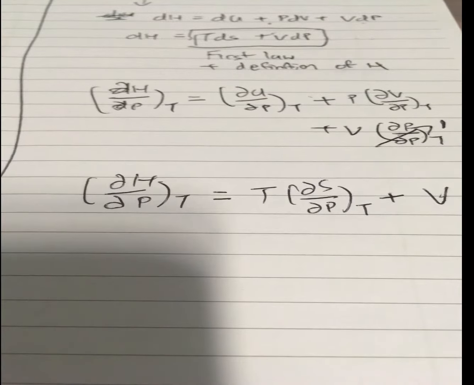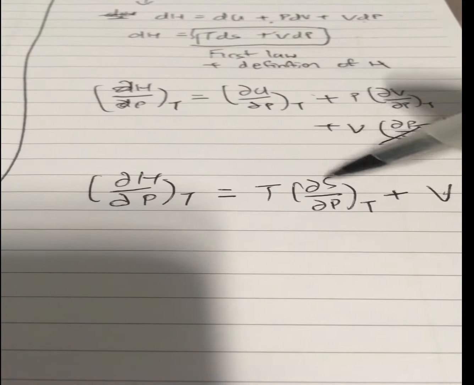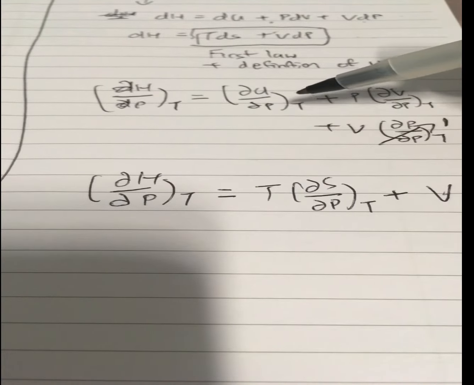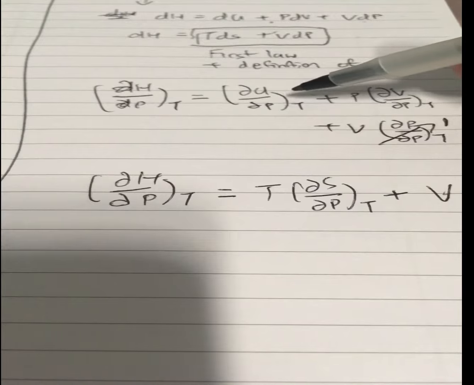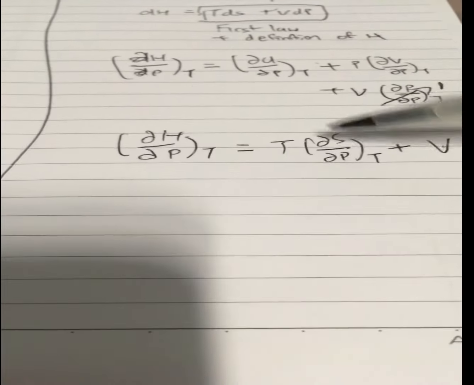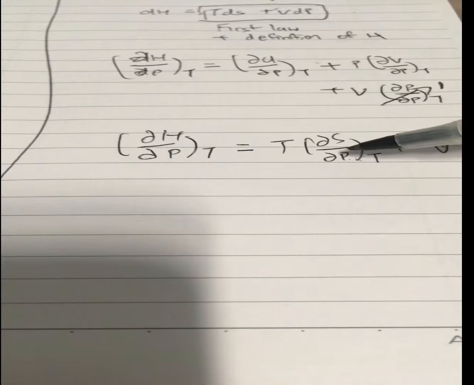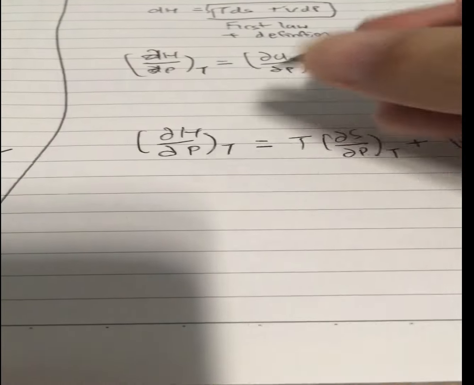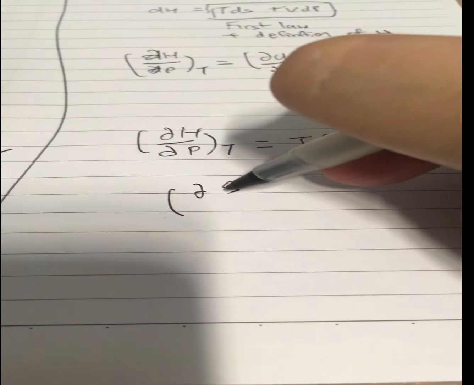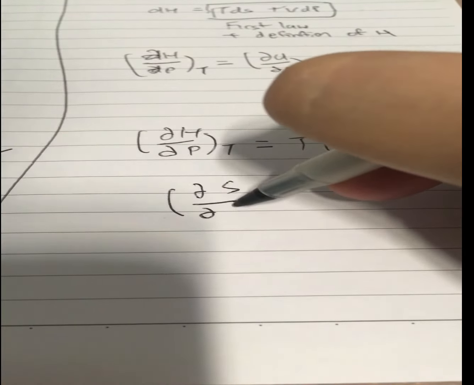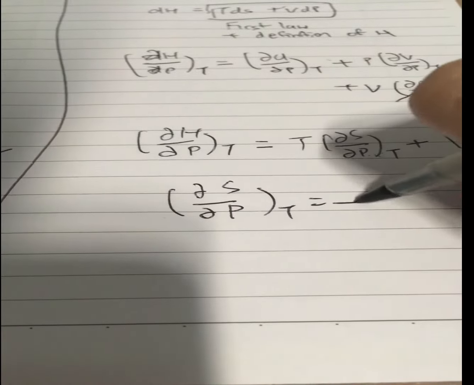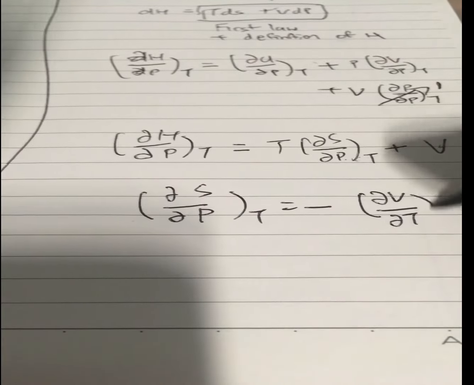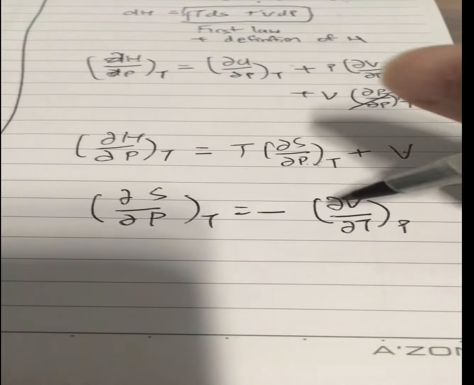So, of these equations, which should you use? You probably need a few more equations before you figure out what this is, right? But this is something you have seen before in the Maxwell relations, right? So, from the Maxwell relations, we can write del S del P at constant T equals minus del V del T at constant P, right?